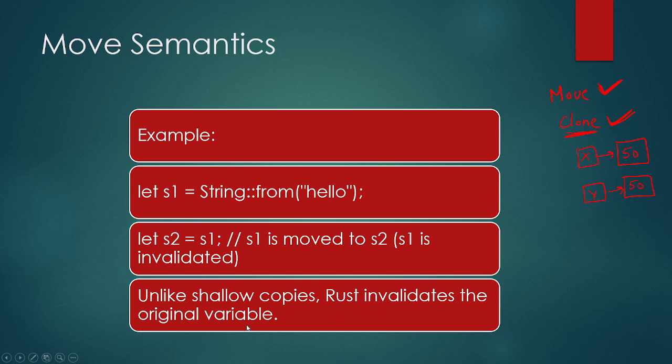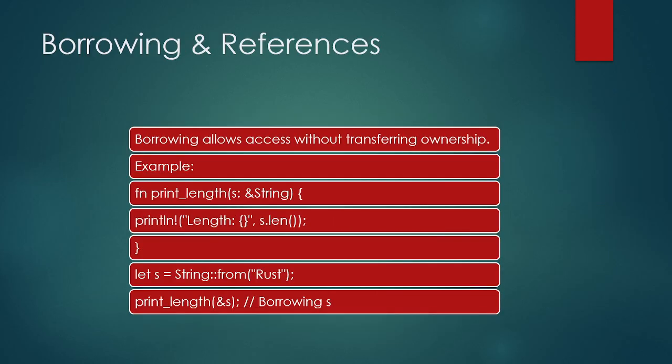Let's move to the next topic, that is borrowing and reference. Basically, borrowing allows access without transferring the ownership. As I gave an example previously, if I want to borrow your bike, you're not giving me your RC and all those details, or giving all ownership of that bike to me.